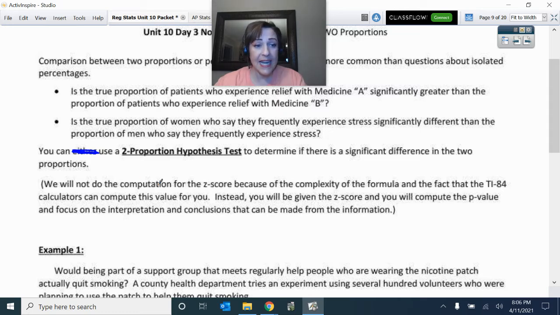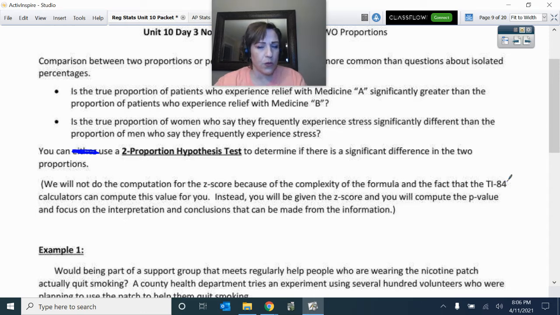Okay. Now, we will not do the computation for the z-score with our calculators, and we won't do it by hand because it's a complex formula. I do not even have my AP statistics students do that. They're not necessarily needed to do that. They can use technology. However, you have to have a TI-84.